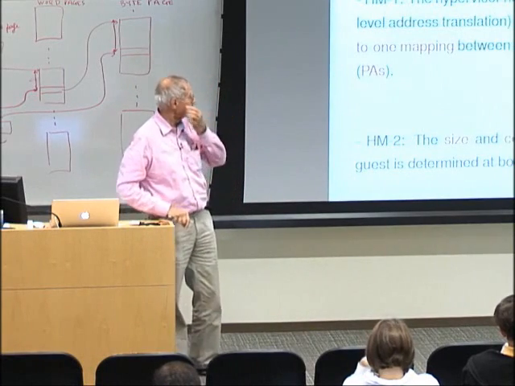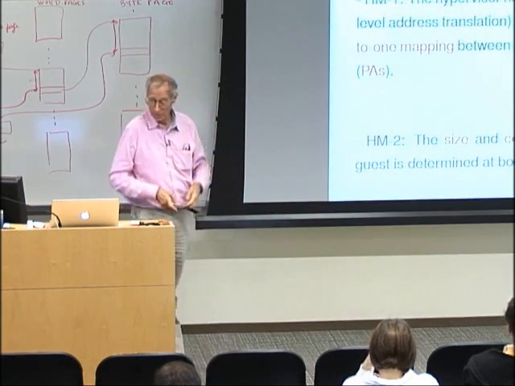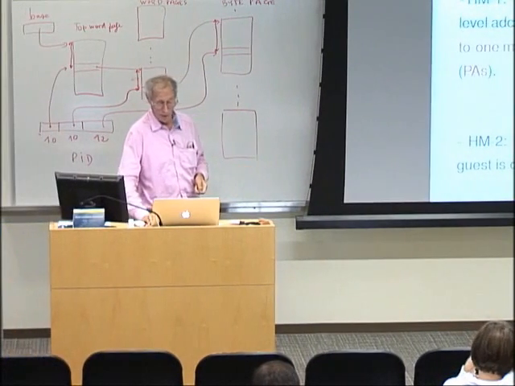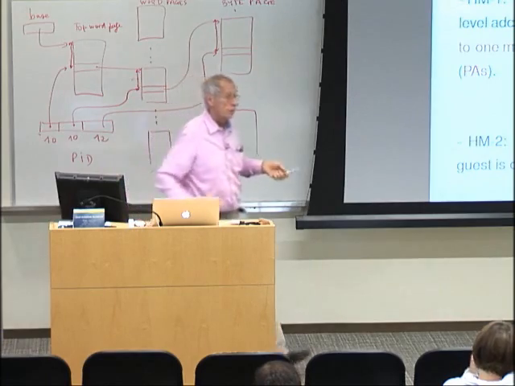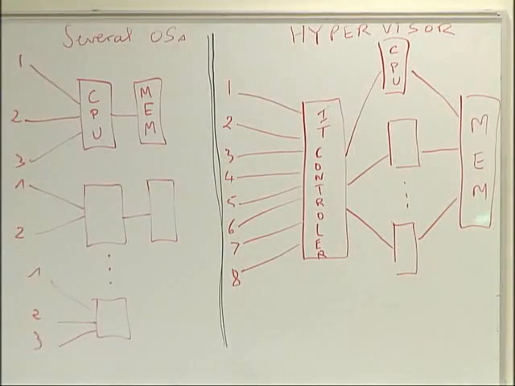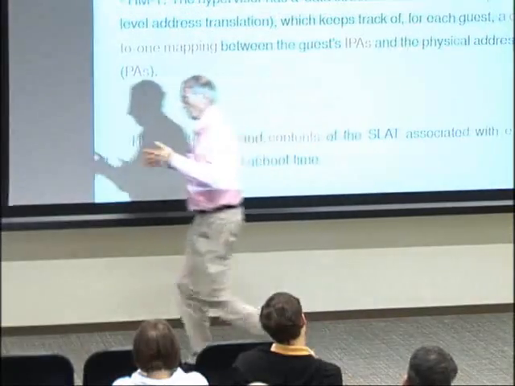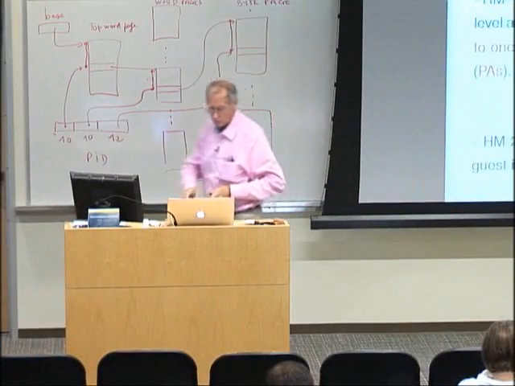It is a device that is now in several machines, and which is extremely nice. The size and content of the SLAT is determined at boot time, because at boot time we fix completely the portion of the memory of the hypervisor for each guest. So this is determined once and for all at boot time. And again, this is an injective, or one-to-one, correspondence, so that the memories do not overlap.